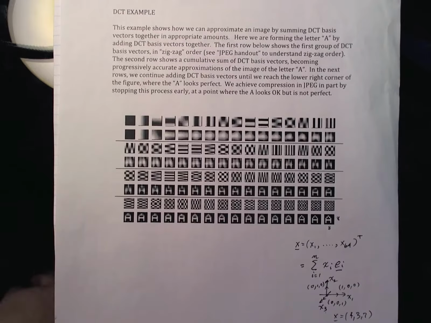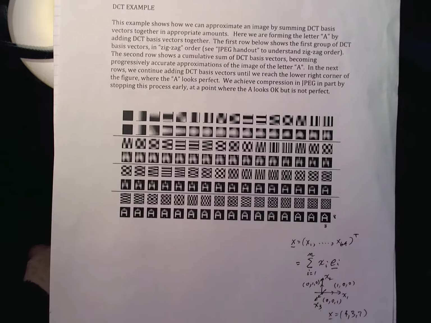And so if I were to read you this little image over the phone, I would read you the numbers 4, 3, 7, and you would know that that means to do this summation in a sense. You don't usually think of it that way, but that's what you're doing. And it's in terms of these basis vectors.